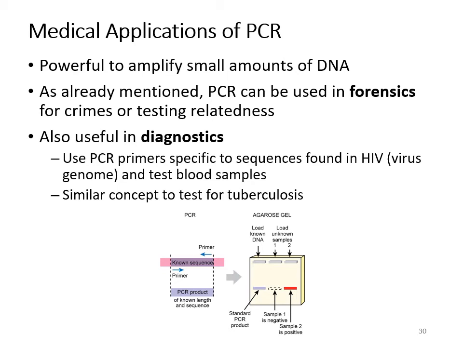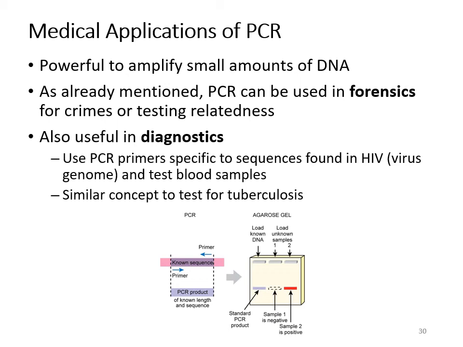It's also very powerful in diagnostics because we know the genomes of almost every bacteria or virus that are most commonly infecting people. So whenever we find new viruses, new bacteria, the first thing we want to do is get its genome, sequence its genome. And then once you can do that, you can use PCR to see does a patient have it or not.